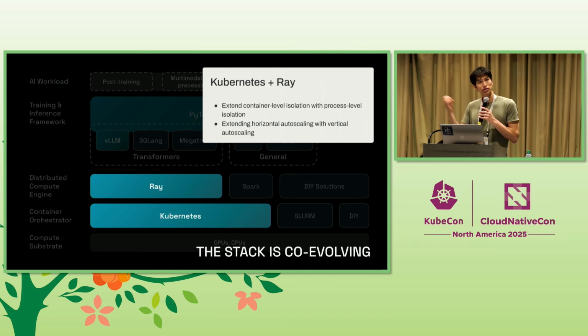Ray can try to request to get a new GPU from Kubernetes, but it doesn't know for sure if that request is going to be fulfilled or not. And if it's not fulfilled, it needs to be able to reconfigure the workload to continue running with the reduced capacity. And so these are the kinds of things that you can do if you have knowledge of both what's happening inside the workload and the ability to control things around the workload and provision compute.